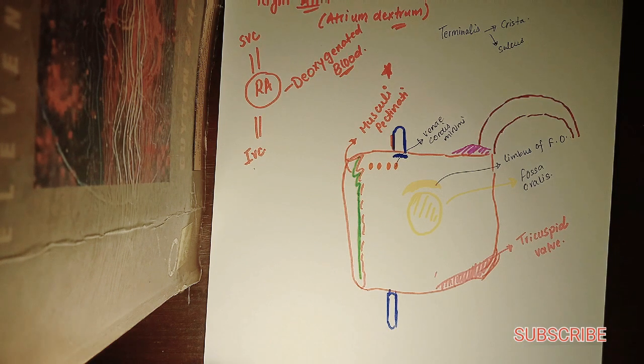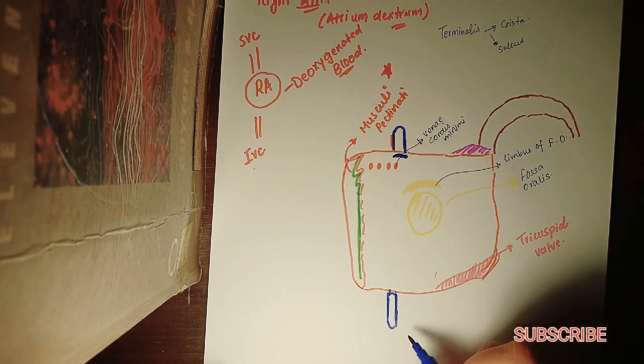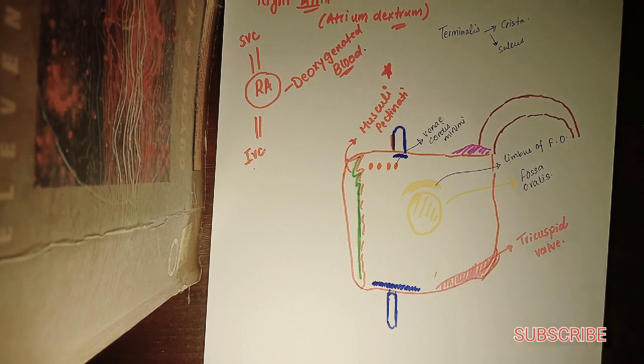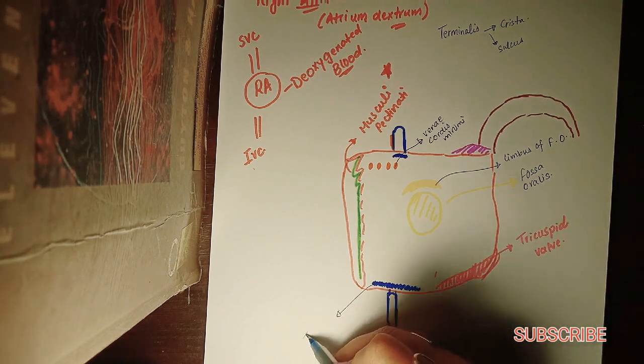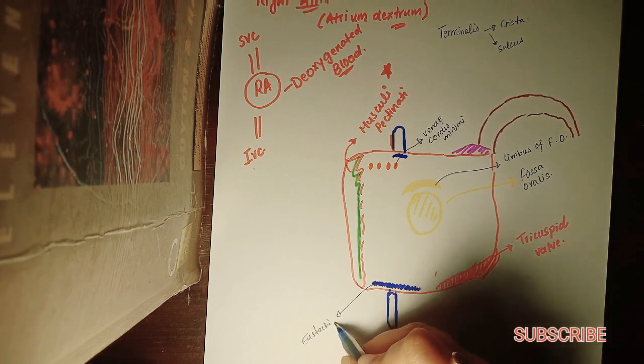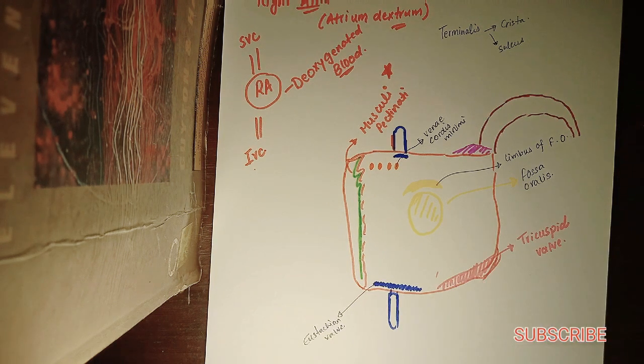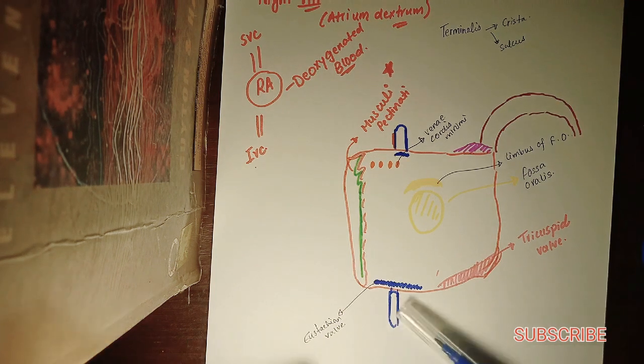Now here we will have the Eustachian valve, which is at the opening of the inferior vena cava. So if anyone asks which valve is included in the opening of the inferior vena cava, it is the Eustachian valve.